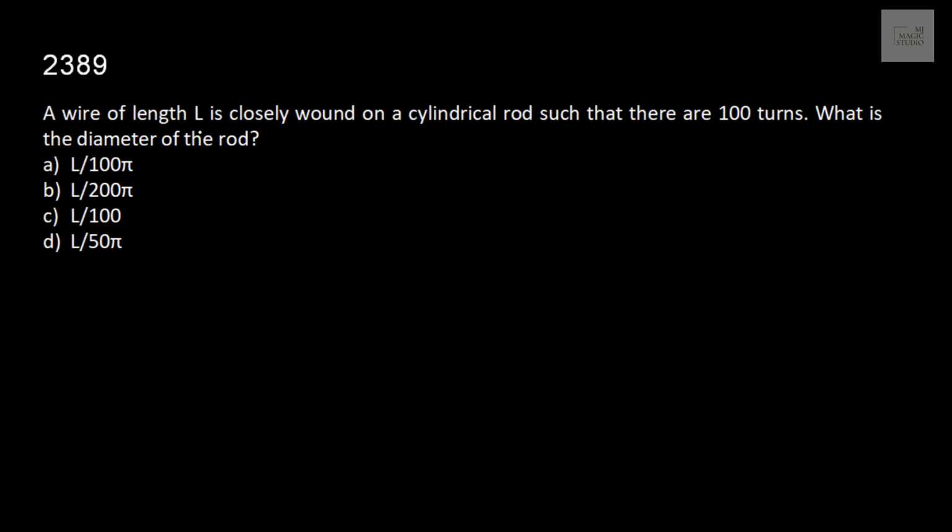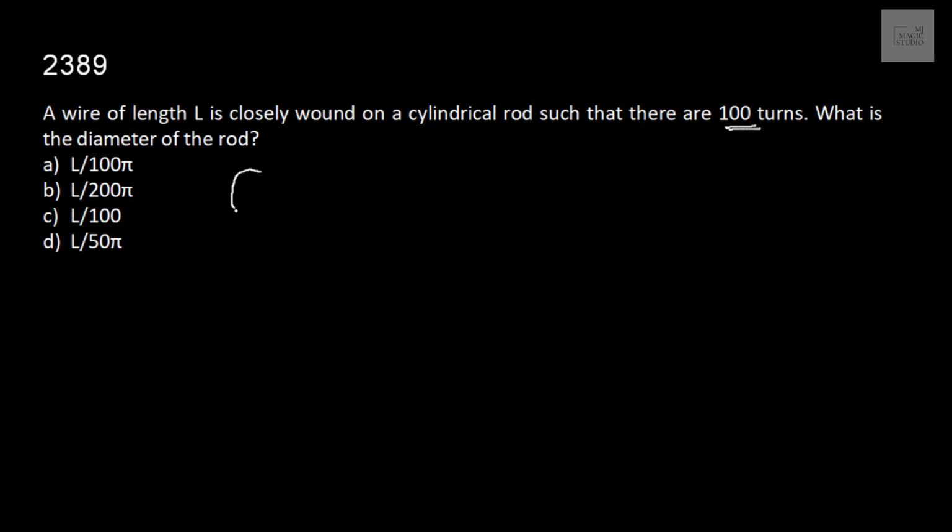The wire of length L is wound closely on a cylindrical rod such that there are 100 turns. That is the total length of the wire. What is the diameter of the rod?